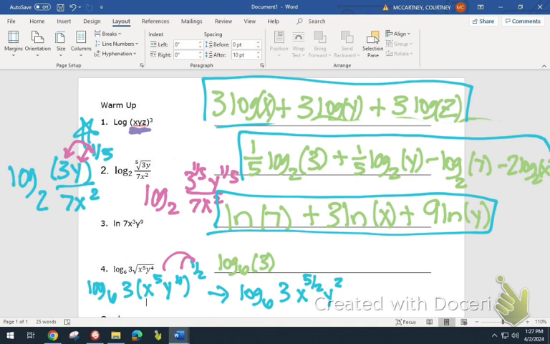Plus 5/2 log base 6 of x, plus. I would go in order, left to right, as far as how I separate those.